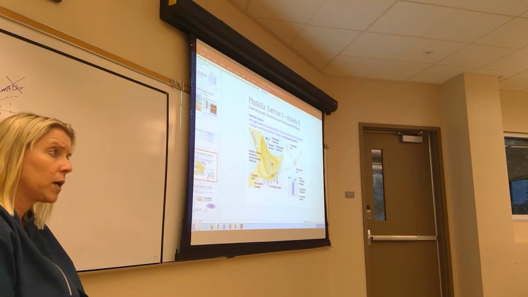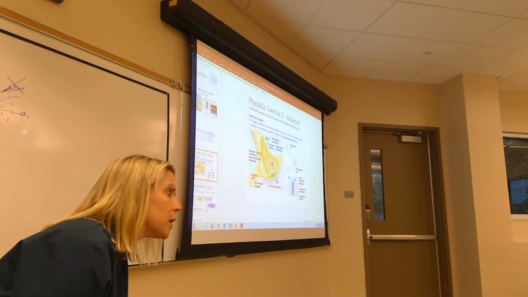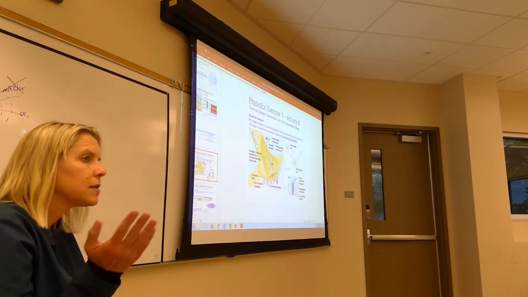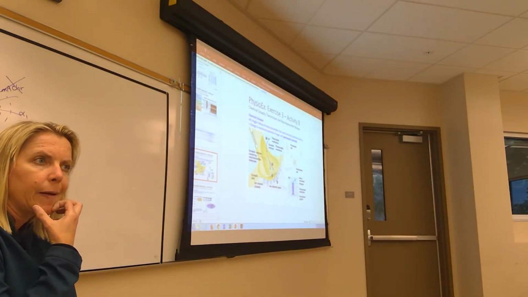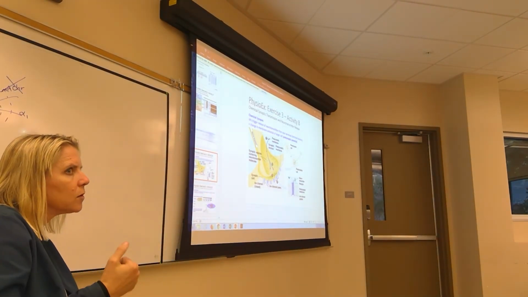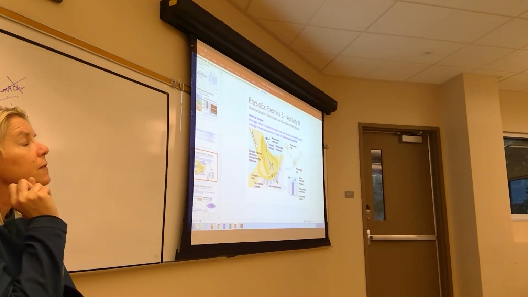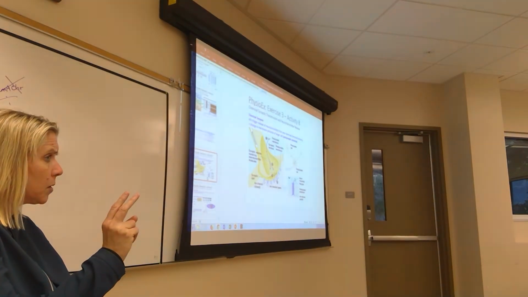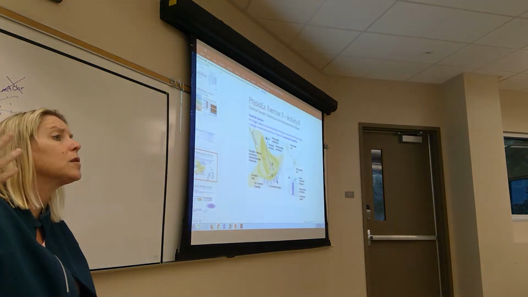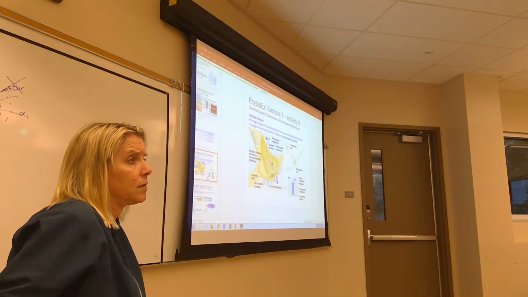Now, if you allow more calcium in, you're going to get more neurotransmitter released. It's directly related. More calcium, more signal released. So you're going to play with two different concentrations of calcium. The higher the concentration, the more neurotransmitter released.